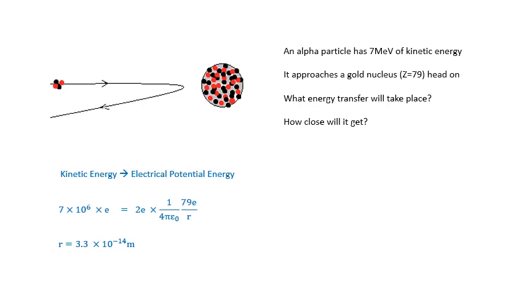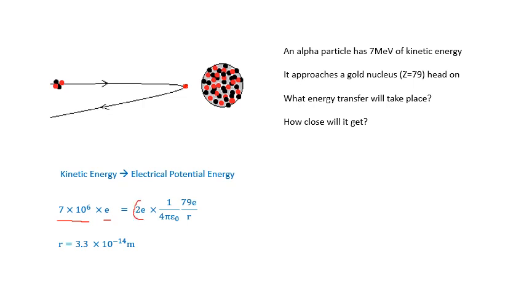Okay, so kinetic energy goes to electrical potential energy. Kinetic energy is 7 mega electron volts, so 7 mega times little e. When my alpha particle is there, how much electrical potential energy has it got?